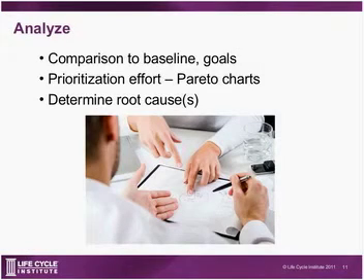Now, the next part of the DMAIC process is analyze. Now we've defined our problem, we have the data to measure our successes and understand where we are today, our benchmark. We need to compare where we're at to that baseline and those goals, and we need to figure out what problem we want to tackle.